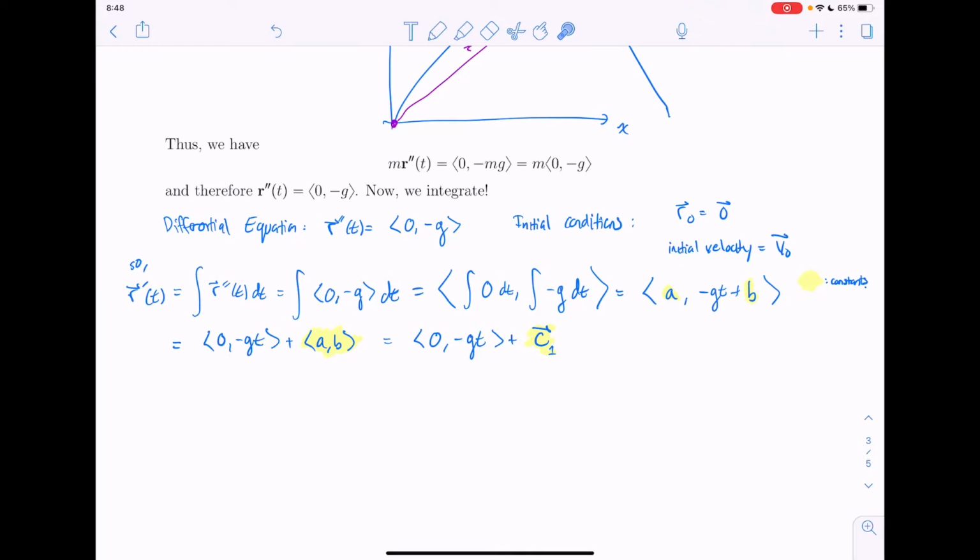However, because we know something about the derivative of position, notably the derivative of position is velocity, this c1 can be solved for.